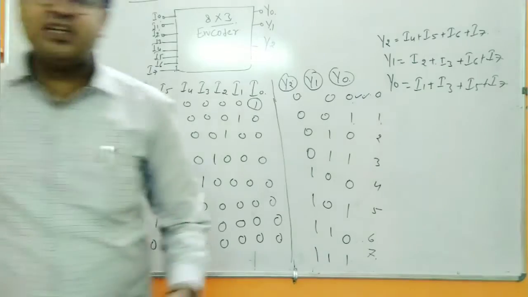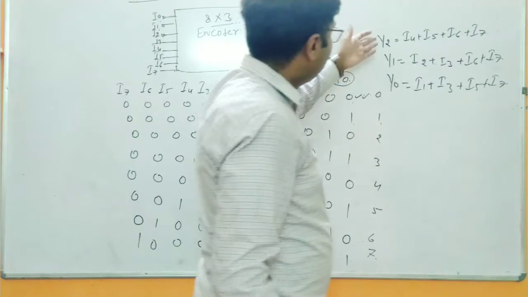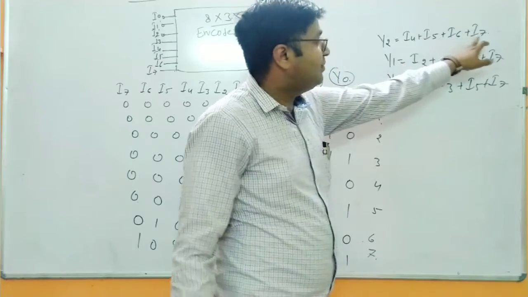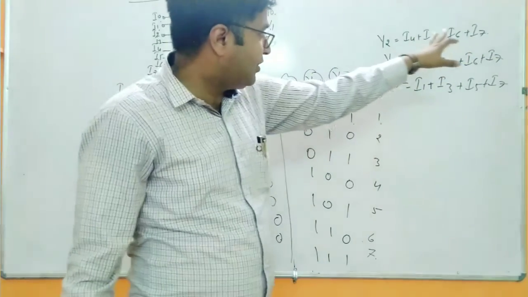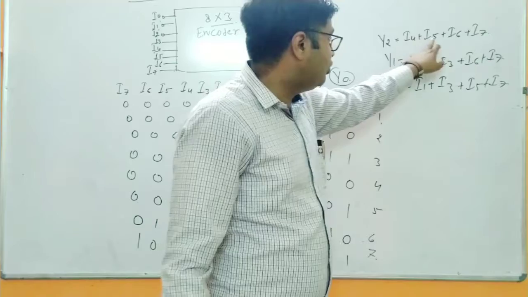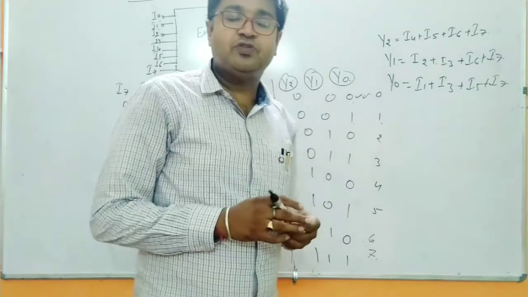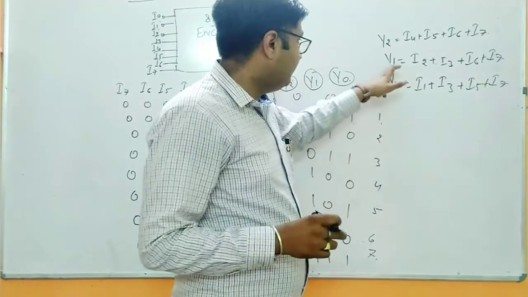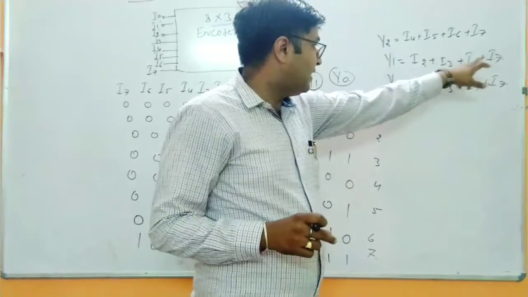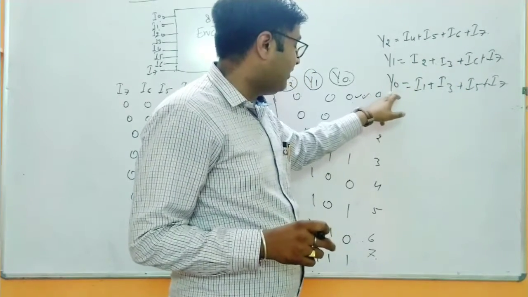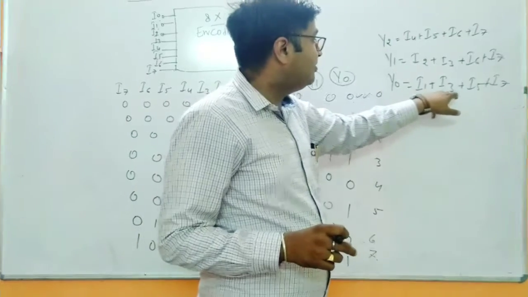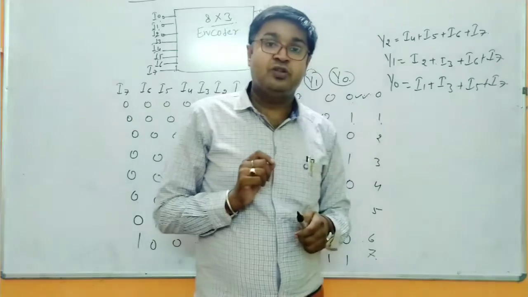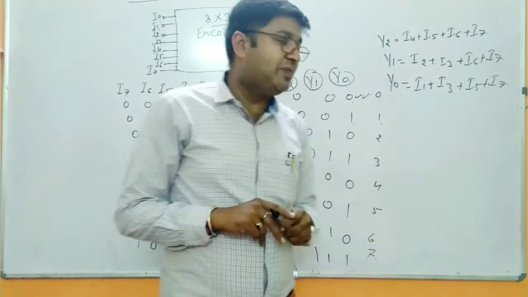It is quite basic information. So Y2 is I4 plus I5 plus I6 plus I7; these four inputs will be logic ORed. Again in Y1, I2, I3, I6 and I7 will be ORed, and in Y0, I1, I3, I5 and I7 will be ORed. This is how you are going to implement it.